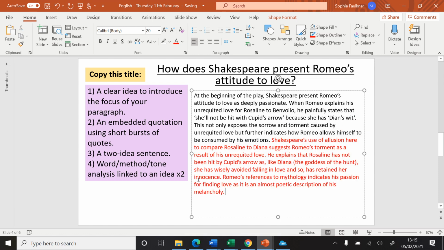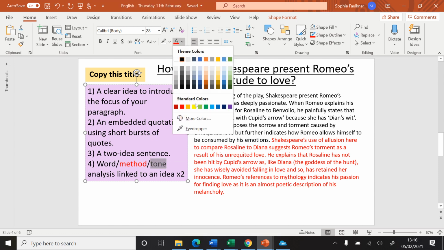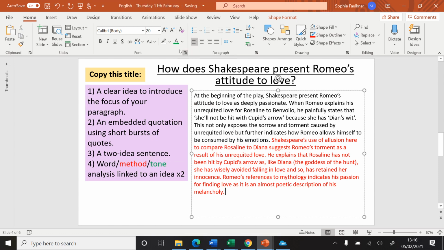So I've done one piece of analysis and I've analysed my methods, and I think I'm going to analyse tone. We'll do that in green, I just want to make it really clear to you. So Romeo may have said this in a painful tone. I'm using the same tone word that I use for my embedded quote here.